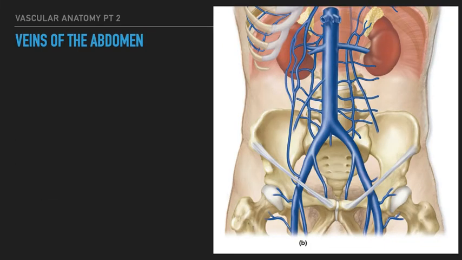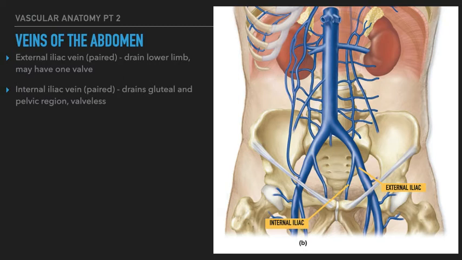From the lower limb, we continue through to the abdomen where the blood will make its way back to the heart. So the external iliac vein or veins will drain the lower limbs. There's one on each side. I'm just labeling one. Recall that I just mentioned the external iliac vein is a continuation of the femoral vein.